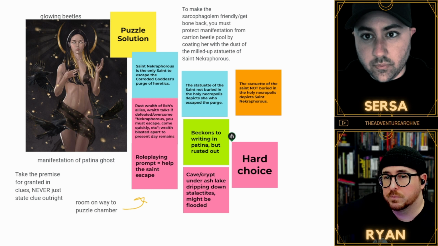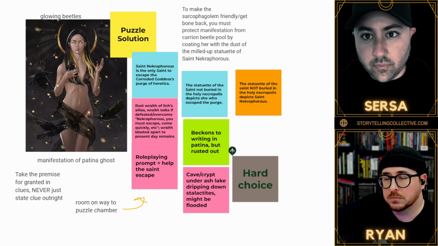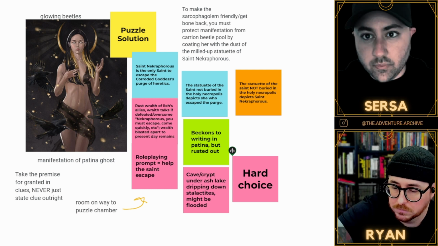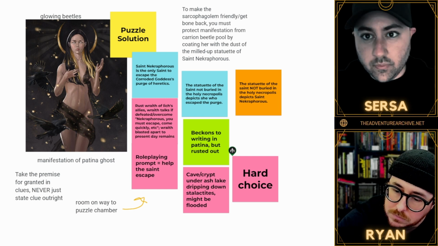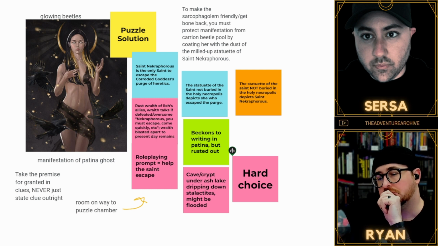The first thing I think of, and this connects the hard choice to the actual hazard, is that as the players are making their way towards the beckoning patina ghost shown in this picture here, a part of the ceiling or wall breaks open and there's a flood, right? Mm-hmm. And there's some kind of hard choice the players have to make related to this sudden flooding of ash-infused water, right?